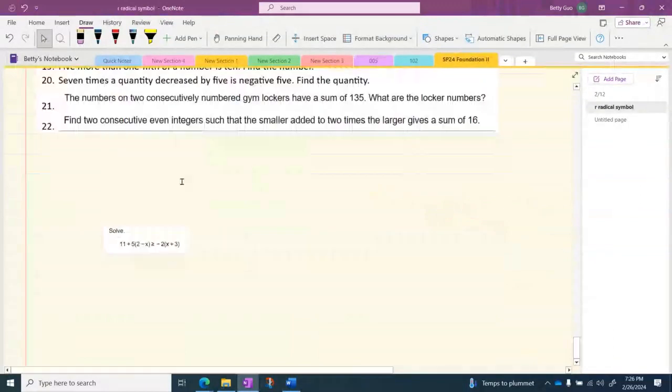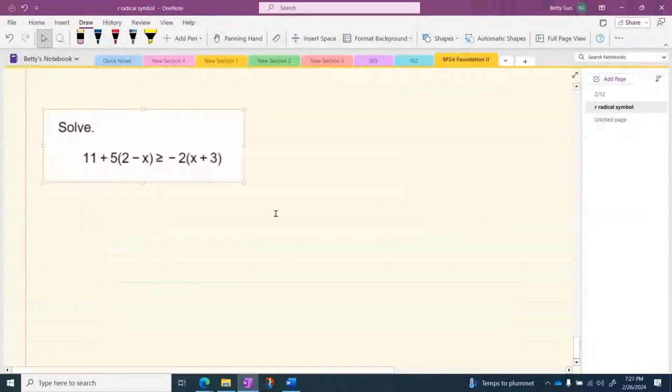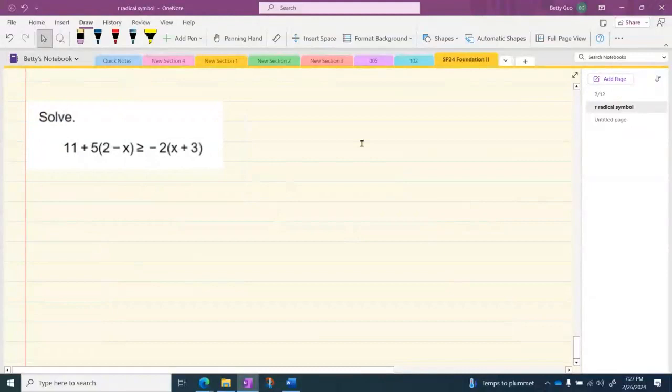Get rid of this. Let's see. Yeah, this one is needed. I know this one looks a little bit complicated compared with the other two, but I think we can do it. Everything else is the same.